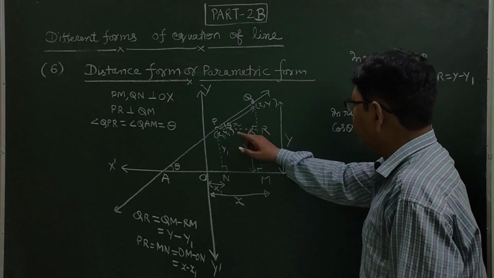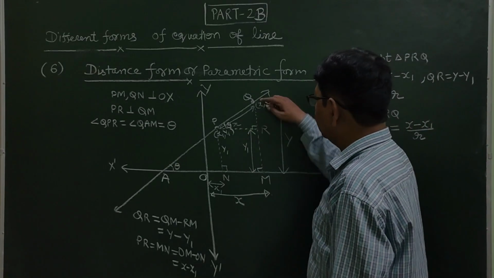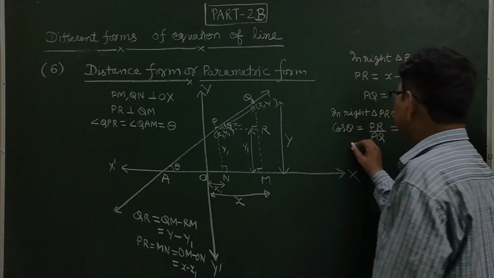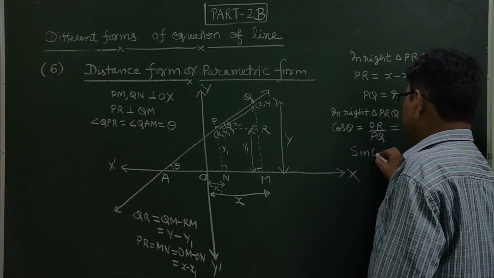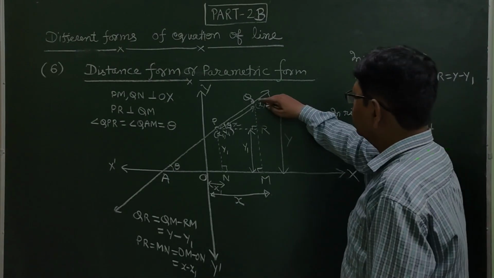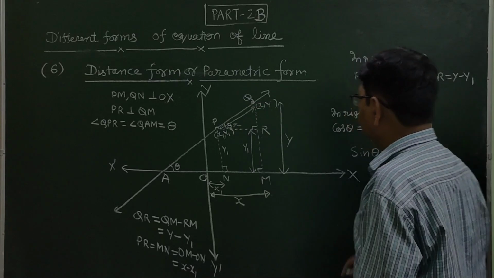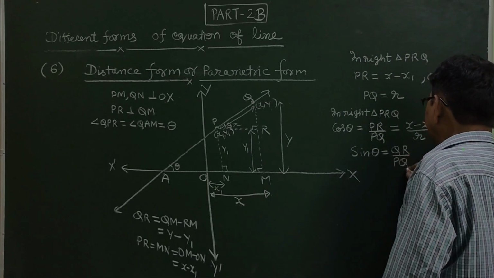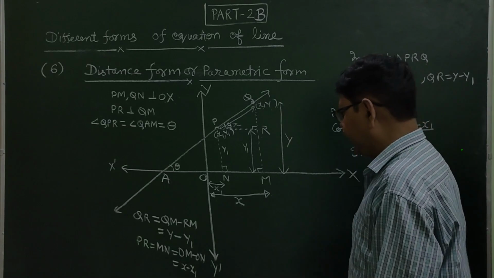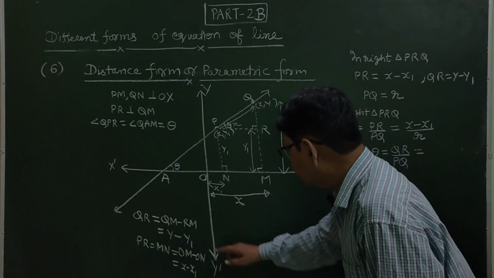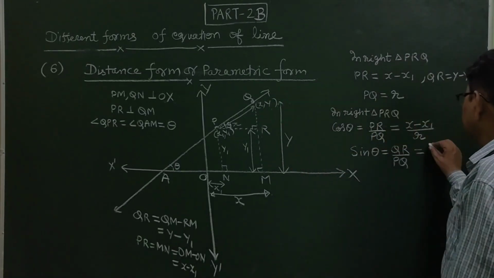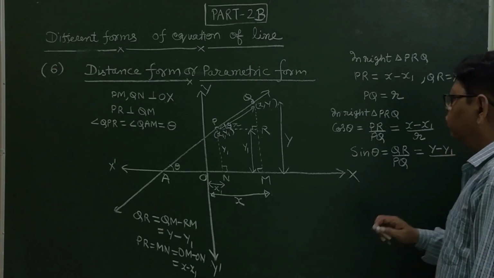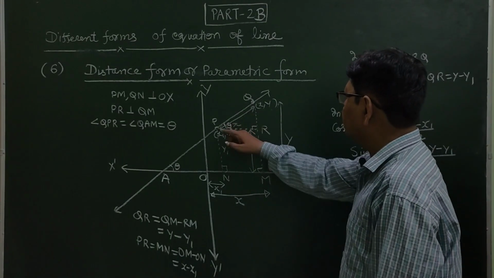In the same triangle, sin theta is perpendicular upon hypotenuse, sin theta is equal to QR upon PQ, and QR we have calculated, y minus y1 upon PQ. PQ is the distance r.